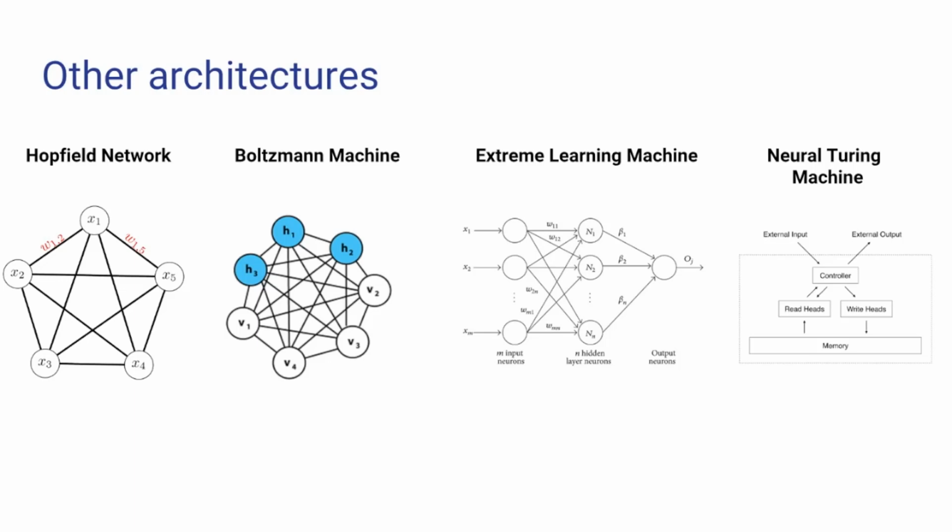I won't spend too much time on the other ones. Hopfield networks don't have too much use today. ELMs and neural Turing machines, however, are fairly recent architectures, neural Turing machines in particular. We just got an open source model in 2018 related to this. So the intuition behind this and everything else related to neural Turing machines is quite interesting.